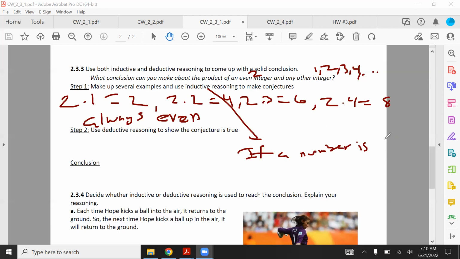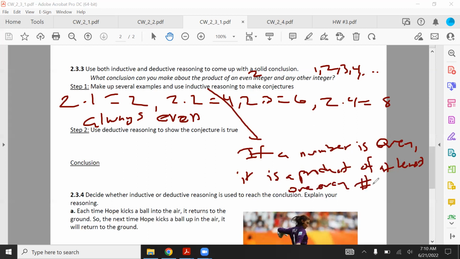If a number is even, its product, or it is a product of at least one even number. I suppose that's how you could do it through inductive reasoning.